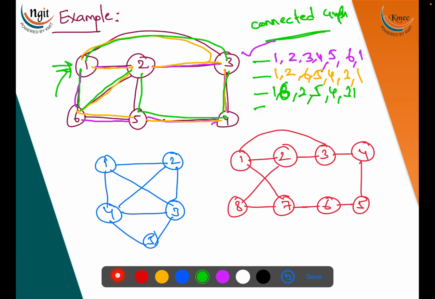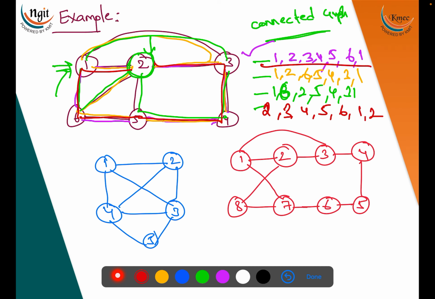Now we'll see the other also. From 2 I am starting. 2 to 3, 3 to 4, 4 to 5, 5 to 6, 6 to 1, 1 to 2. If I write this one, you can see the first one we considered as the first path. Now in this, only the starting vertex is different, but the visiting path is the same, 3, 4, 5, 6.